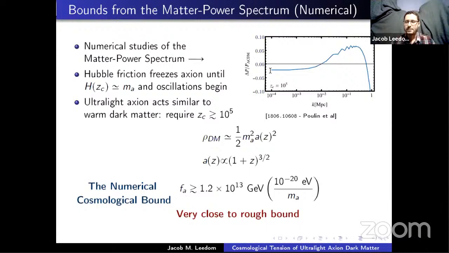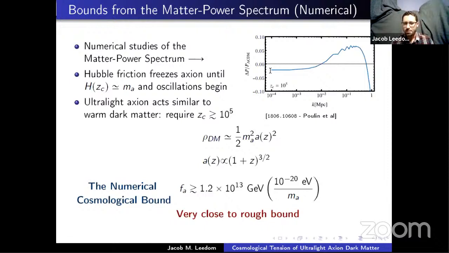In particular, we can lift some results from this paper here by Poulin and company. I won't go into too much of an in-depth description, but the essentials are that in order for this ultralight axion dark matter with this cosine potential to be a viable model, you have a lower bound on the redshift at which the scalar field started oscillating. That redshift has to be greater than about 10 to the 5.